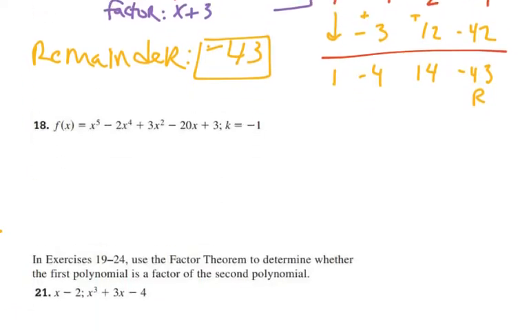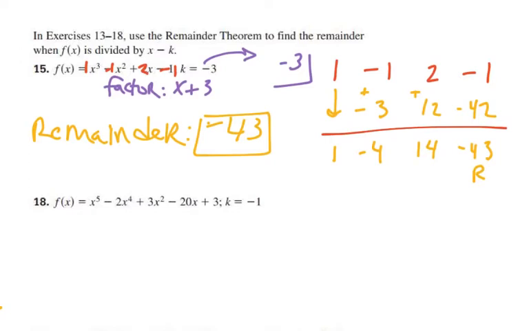Alright, then in the next one, if we do some division, we're going to get a remainder as well, so let's see what that is. Our k value again goes into that little box, so we have a negative 1 of the factor that's actually coming from x plus 1.